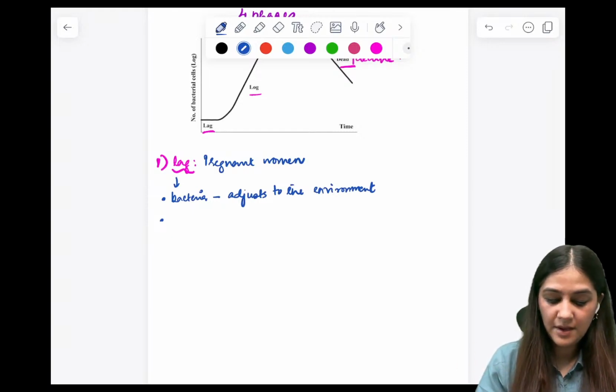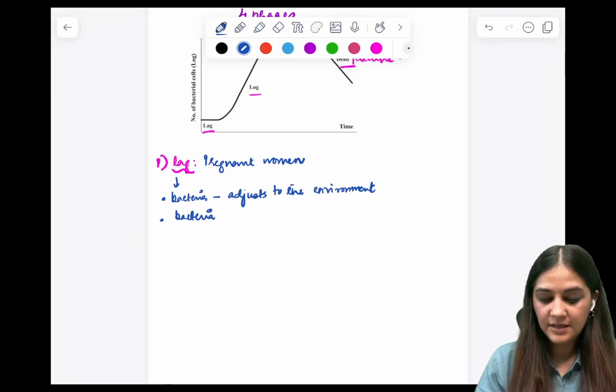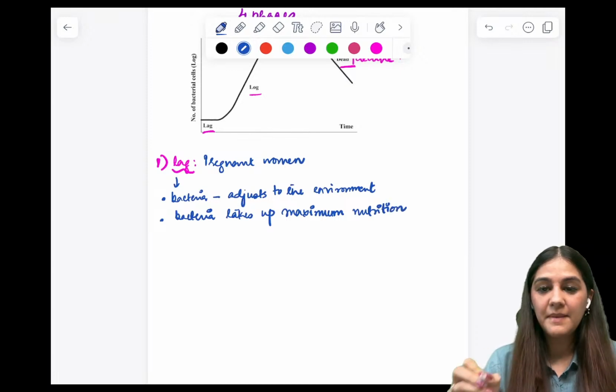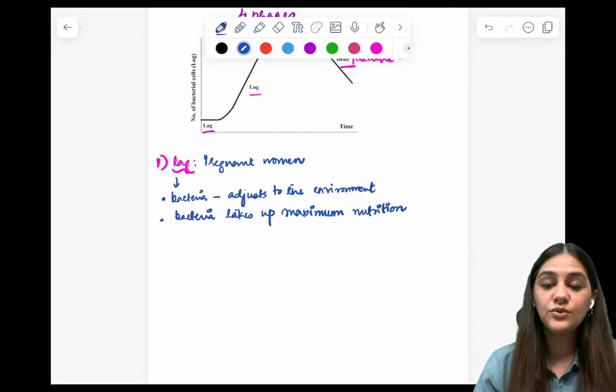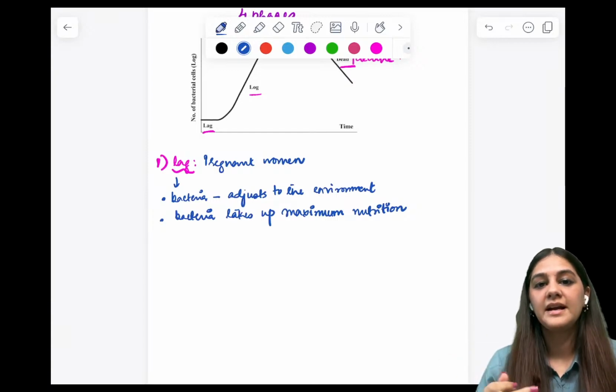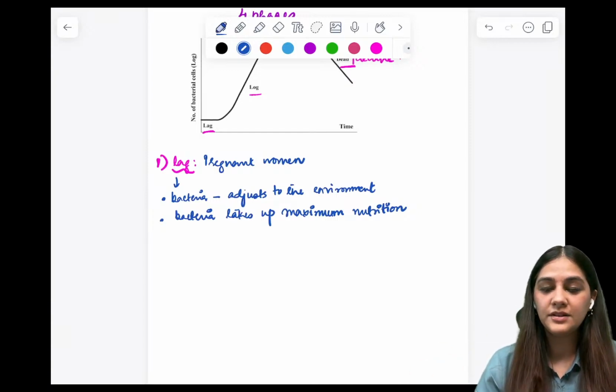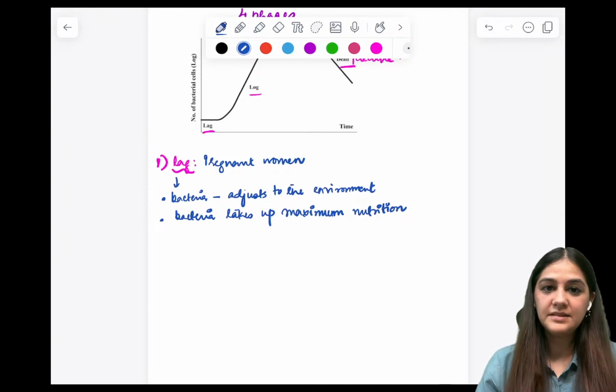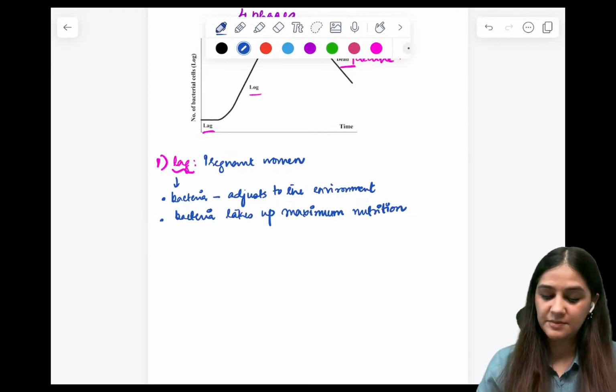So here also, the bacteria takes up maximum nutrition. It has to eat a lot to produce babies. So the bacteria is eating up a lot of the nutrition provided in the medium, right? That is the second thing that happens in the lag phase. First, adjusting to the environment, adjusting to the news of the pregnancy. And second, the bacteria is taking up maximum nutrition because it needs to support this pregnancy.